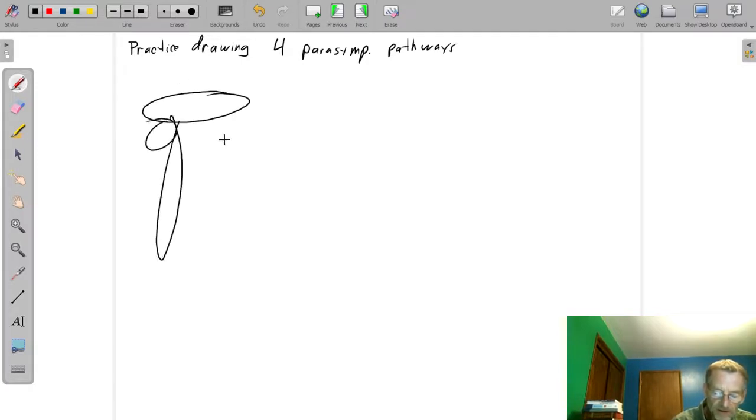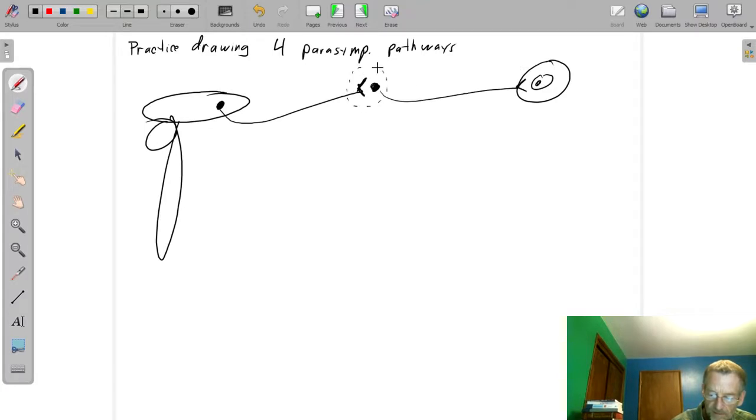There's your CNS. Here's your nucleus, and maybe you're going off to the eyeball. You can do it sort of something like that, and you know that you need to synapse in the ciliary ganglion. So identify it, and then talk about the response. And you're good. Okay? 2 neuron pathway.